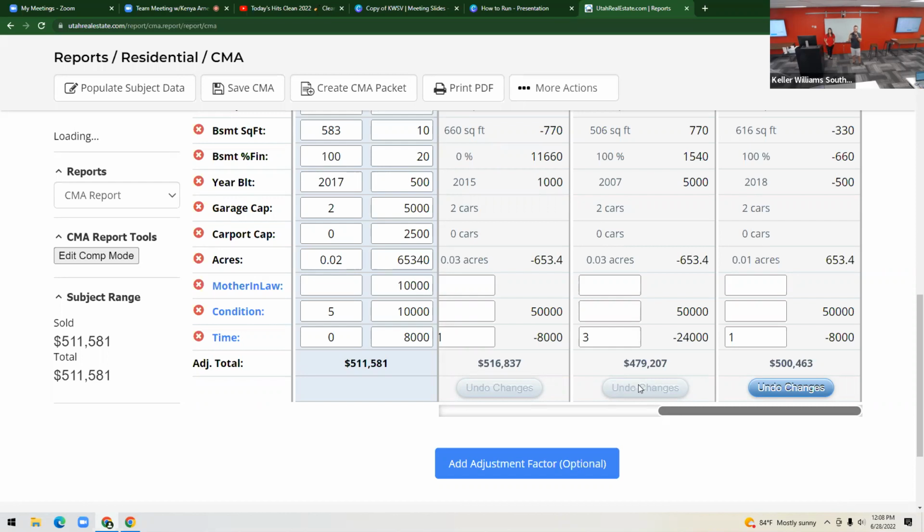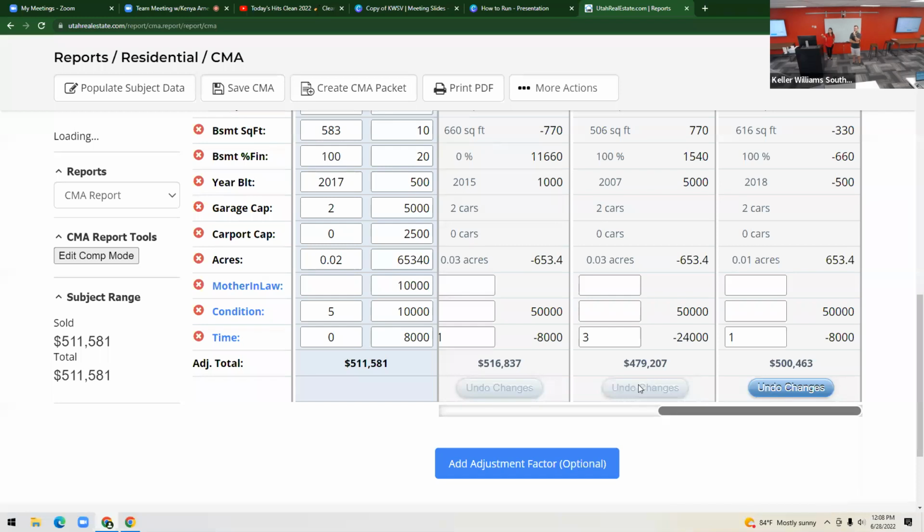I start generalizing what I think could be cost, and I slide back from there. This comes from experience with regression and paired sales analysis. I know what has worked in the past when I run iterations and all my comps' adjusted values end up in the same area.